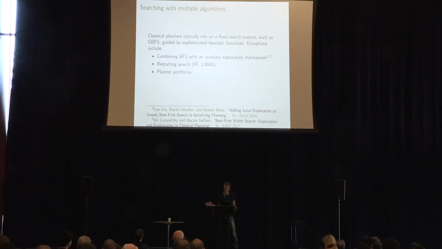Importantly, the difference between our work and the latter two here is that we are dealing with a single state space, a single search. We've got a single open list, and the problem is to decide how to process the current search frontier, what to do further with it.